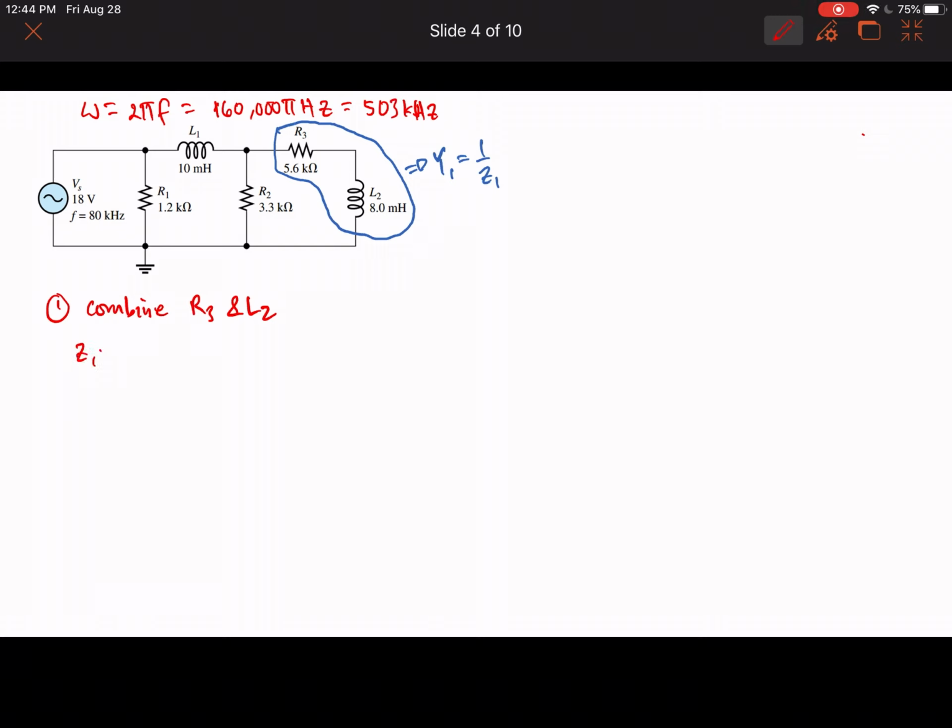Then we can write Z1 is equal to R3 plus omega L2 j. Okay, and Z1 is easily solved as 5.6 kilo ohms plus 4.02 kilo ohms j hat.